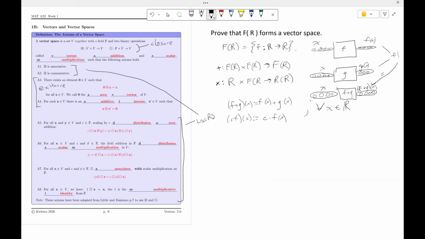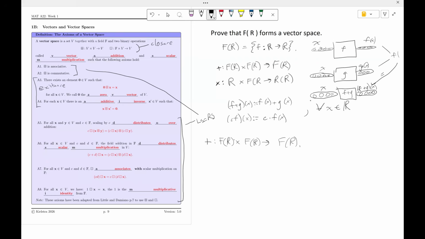So we're going to start with our first closure statement. And the first statement is that our plus operator maps F(R) cross F(R) to F(R), or our real valued functions. Now, how do we prove this?